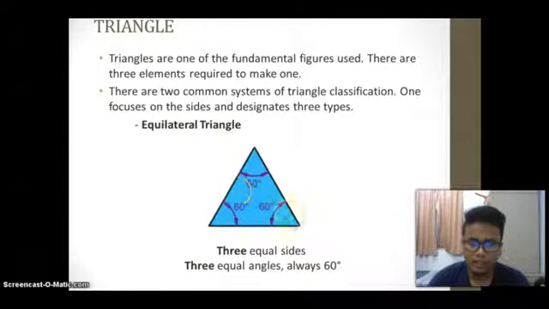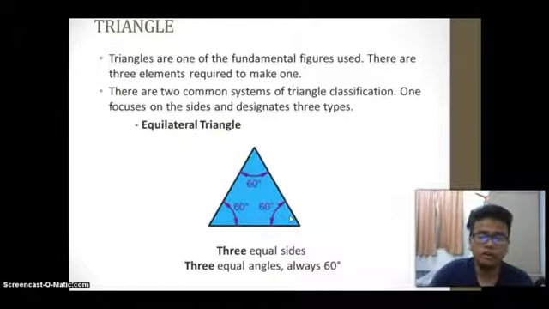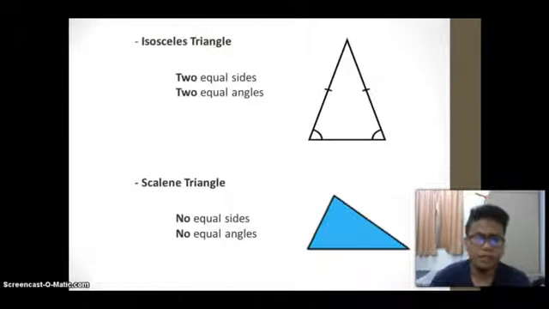So all the angles are 60 degrees for an equilateral triangle. Next is the isosceles triangle. An isosceles triangle has 2 equal sides and 2 equal angles. So this side and this side have the same length, and these angles are also the same.